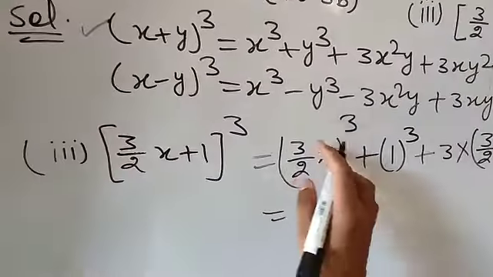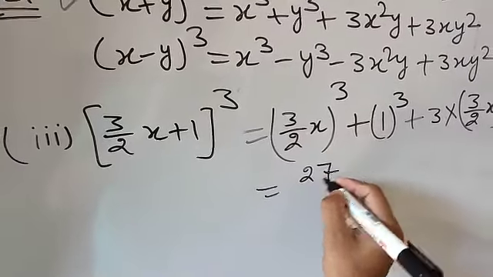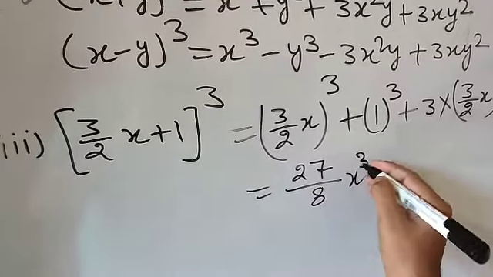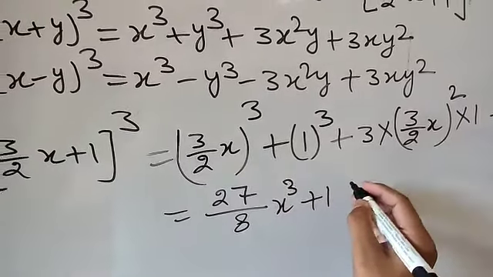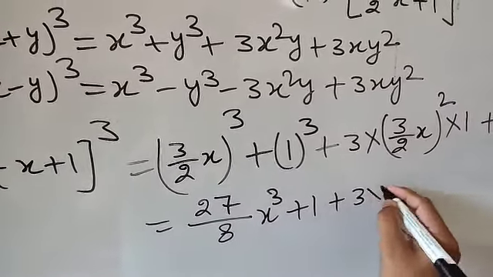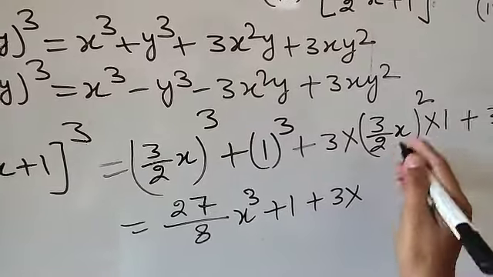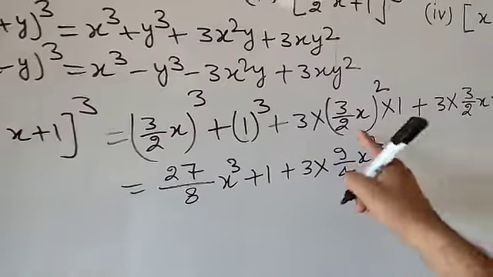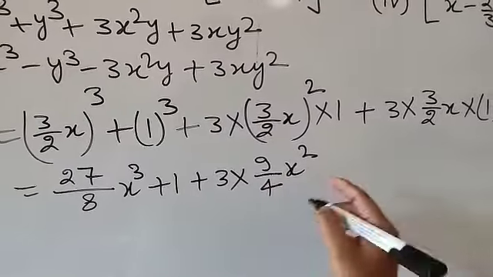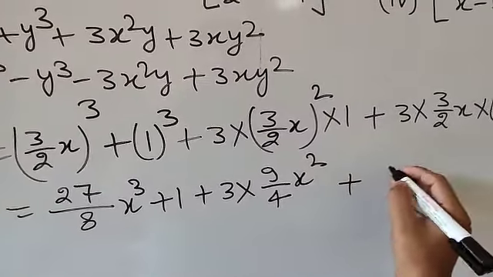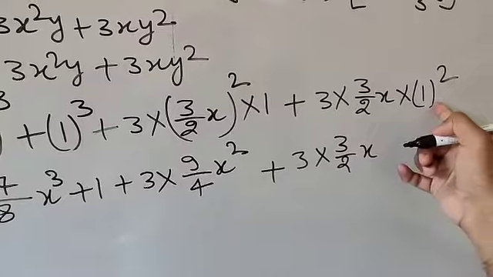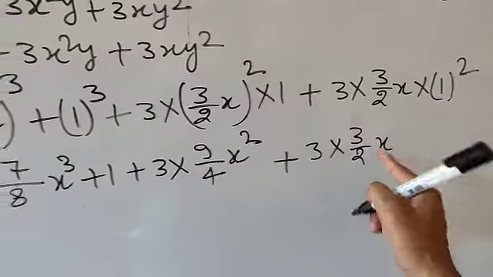Now find the cube. 3 cube will be 27, 2 cube 8, x cube, 1 cube will be 1, plus 3 into 3 by 2 square, so 3 square 9 upon 2 square 4, x square into 1 will be the same value, plus 3 into 3 by 2x into 1 square will be 1, and if 1 is multiplied you will get the same value.